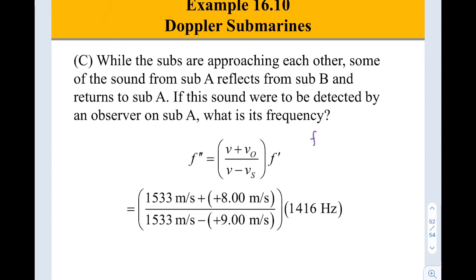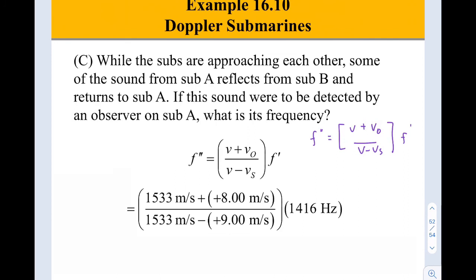So by making use of F equivalent to V observer over V source times the reflected one, it is approaching each other, right? So the V of the observer is towards, positive. And then the V of the source is also moving towards, so it's going to be negative.